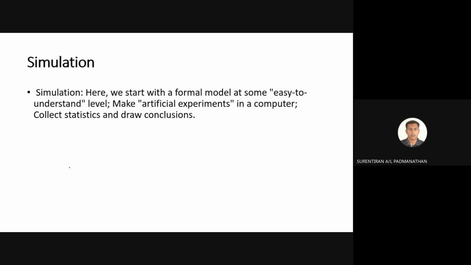And also before doing the experiment, I mean, before we fabricate the real product, we can do it in computer. We're using simulation software. There are a lot of simulation softwares available for different kinds of programs.